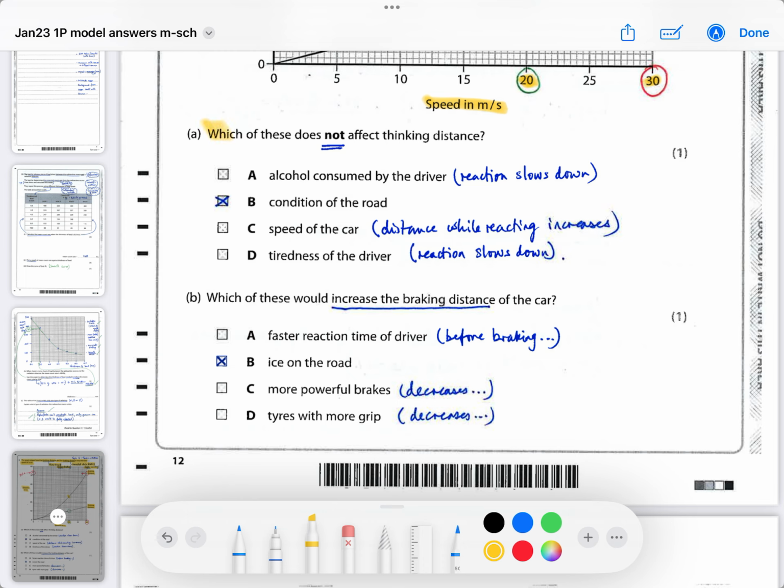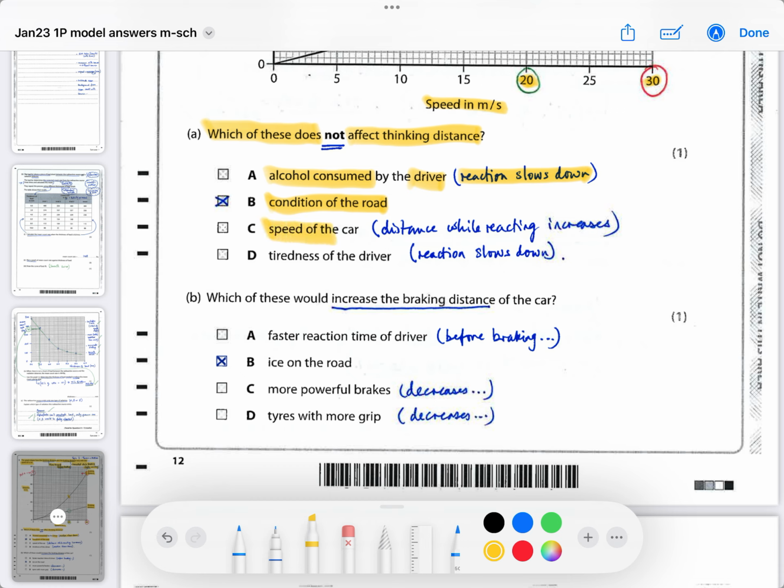So which of these does not affect the thinking distance? The only one that doesn't affect the thinking distance is the condition of the road, because the thinking distance is linked to the driver. If the driver consumes alcohol, his reaction time will slow down, and that will affect his thinking distance.